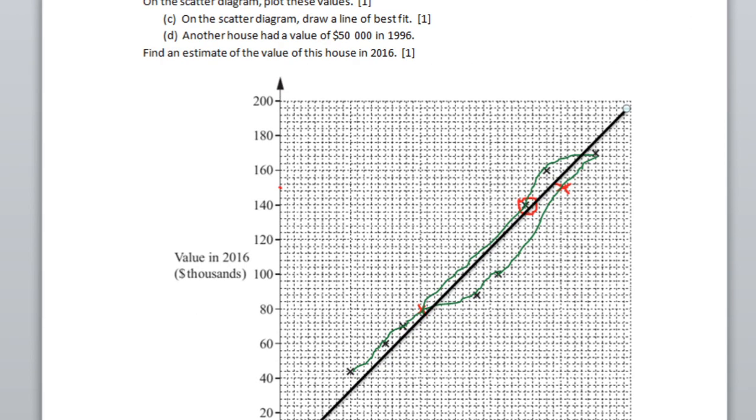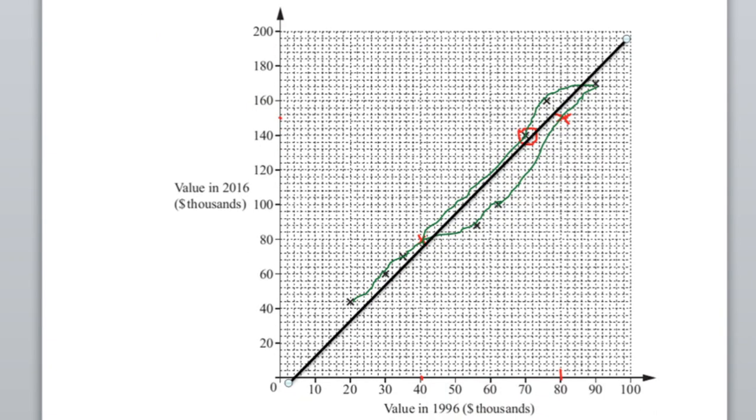Part D, another house had a value of 50,000 in 1996. Find an estimate of the value of the house in 2016. Now what is the main point of drawing the line of best fit? It is that for any value on the x-axis we can now get an estimate of the value on the y-axis.